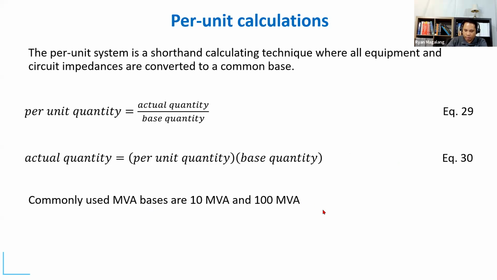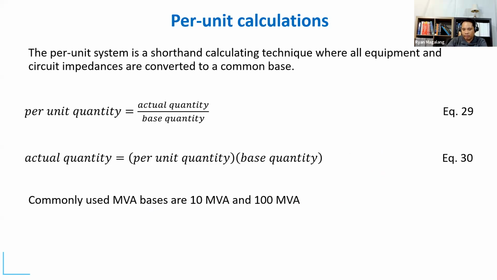Normally, a 10 MVA base is what is preferred when it's an industrial facility, and a 100 MVA base when it's in the utility application. There's really no right or wrong here. It's just a preference. That's just how the industry evolved. You can use any base if you want.